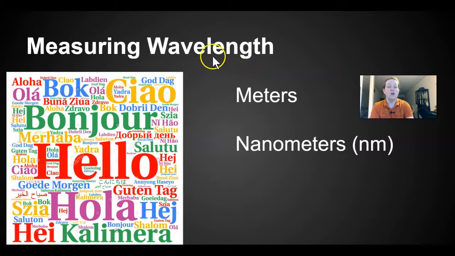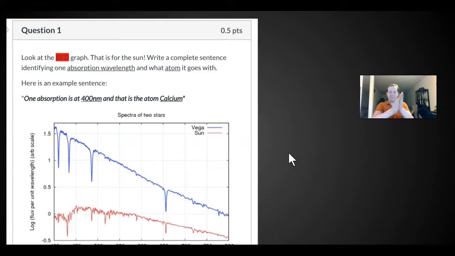But we're going to look at wavelength, and you're going to see the measurement will be nanometers, nm. But this is wavelength. That's wavelength. Okay, your last activity for the year. You're going to go on Canvas, and you're going to answer some questions where, look, you see two graphs. Ooh, this is a little scary, but don't worry.